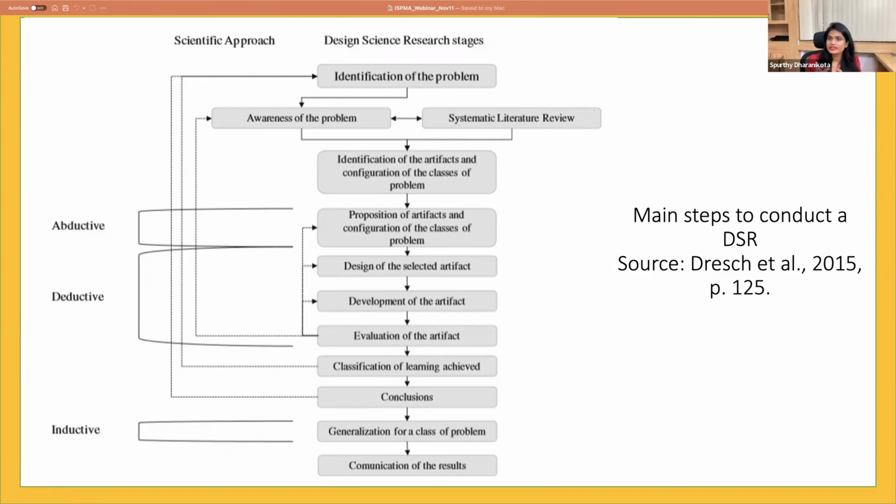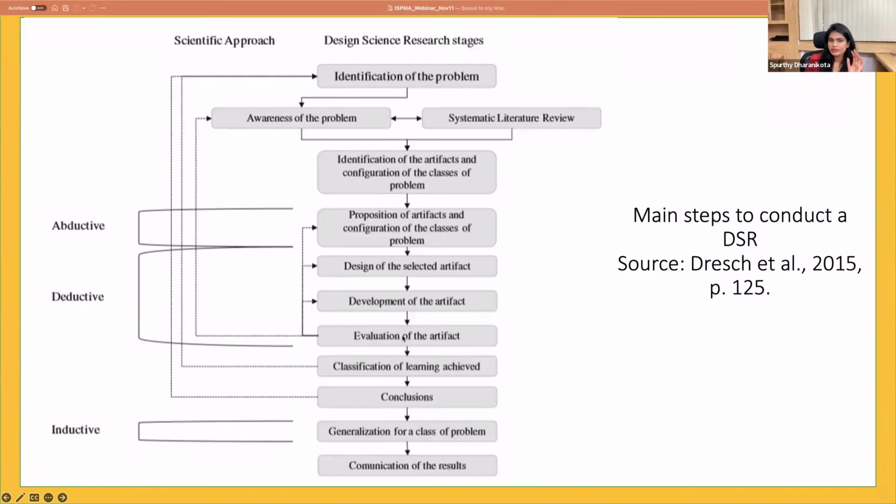And for example, if you build an artifact, a major form of evaluation can be observation. So that's a research methodology. So by observing the built artifact in its natural business environment and comparing it with the previous artifact and seeing if it is actually better, that means you're evaluating your product or your artifact, correct? So that's your evaluation.